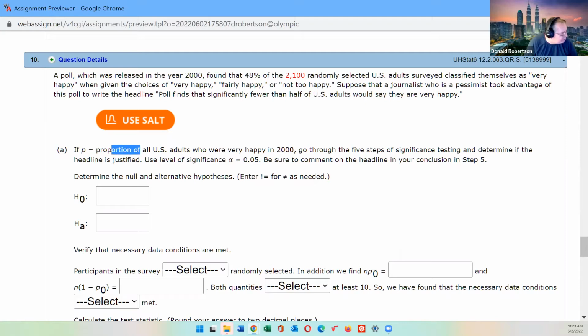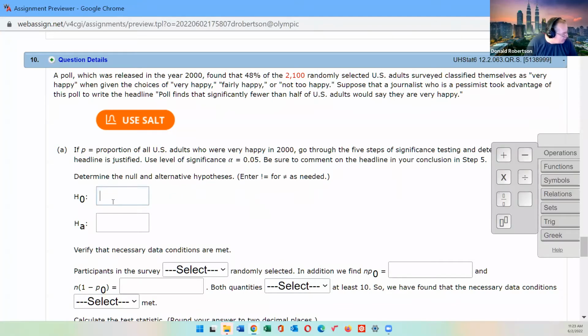So if p is the proportion of American adults that are happy in the year 2000, we're going to go through what they call the 5 steps to test if this is true. And thank you for telling me the significance level. The null hypothesis is going to be p equals 0.5. Because if you talk about the majority, doesn't that mean bigger than 50%?